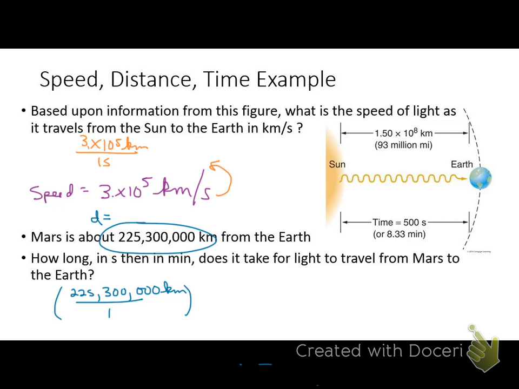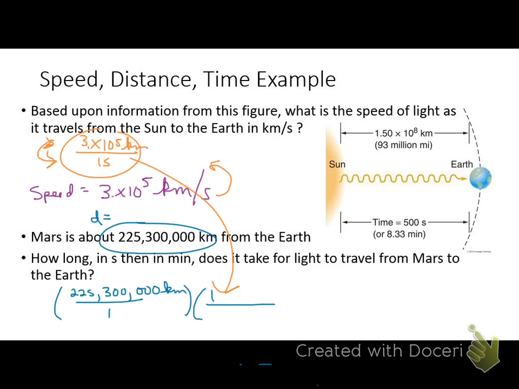And then with that in mind, I would say, all right, I'm going to use that to my advantage, but I want kilometers to cancel, so I'm going to flip that. So flipped, it looks like this.